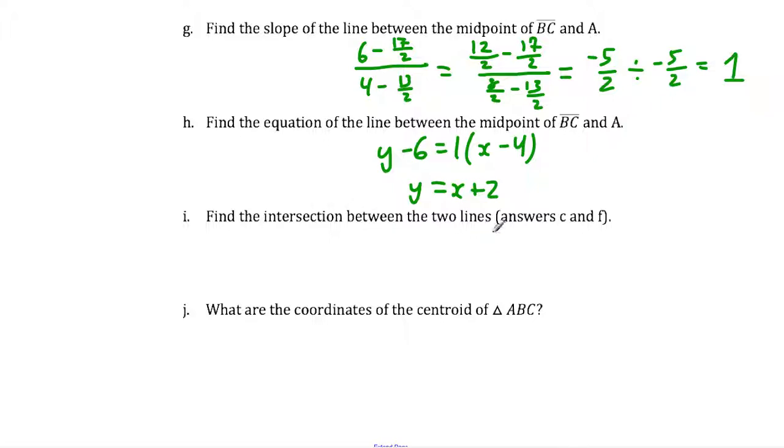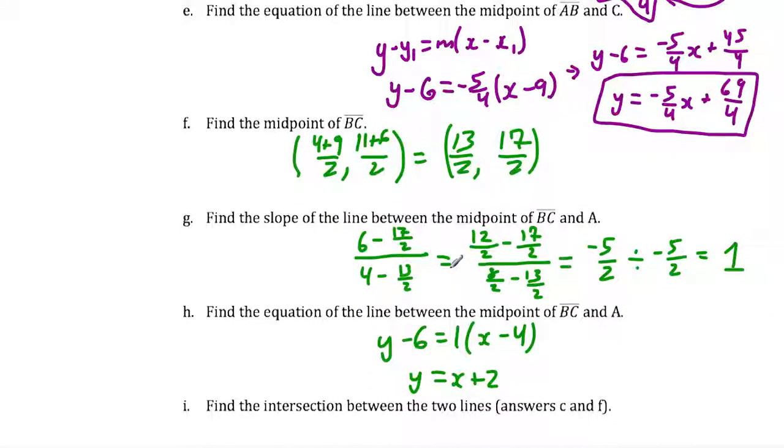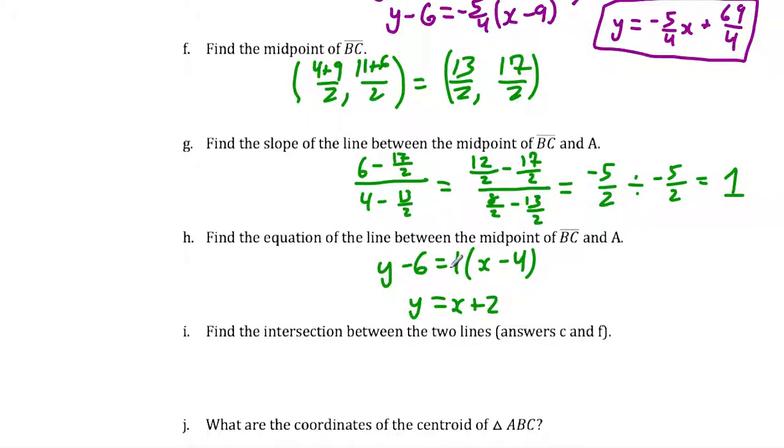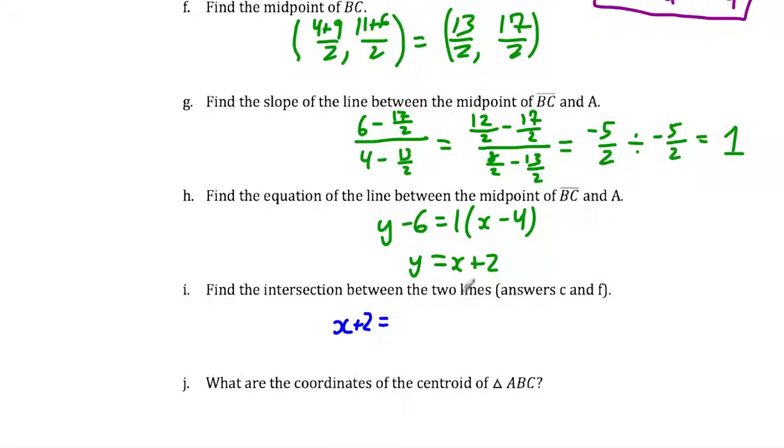So find the intersection of the two lines, okay? The intersection of two lines is where they meet, so where their x values and their y values are the same. So if I set their equations equal to each other, in this case, x plus 2 is going to be equal to negative 5/4 x plus 69 over 4. All I have to do is solve for x.